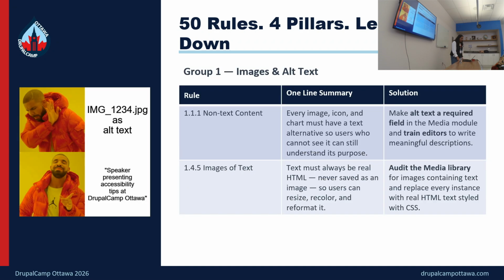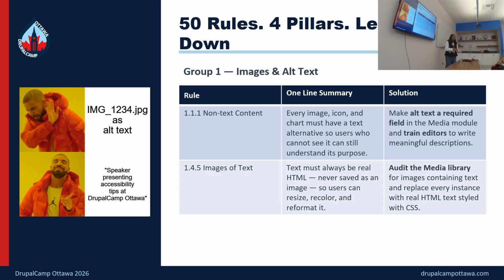Okay. Now, moving on to the first group, that is image and alt text. Rule number 1, that is 1.1.1, non-text content. Every image, icon, and chart must have a text alternative so that the end user can read and understand the purpose of that content.